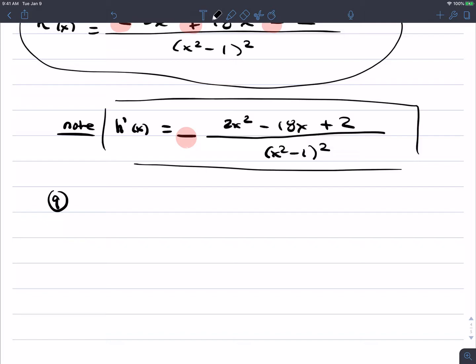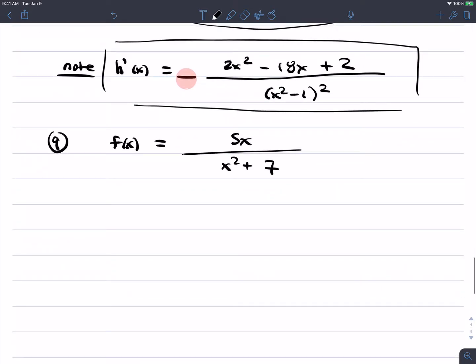Number 9. f of x equals 5x over x squared plus 7. Operator notation, d/dx of 5x over x squared plus 7.